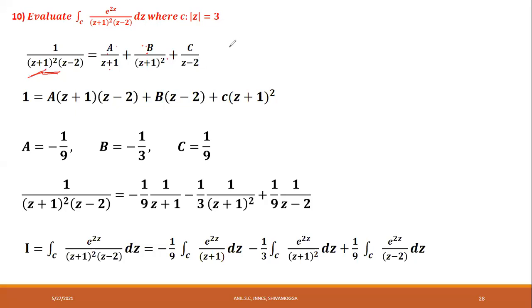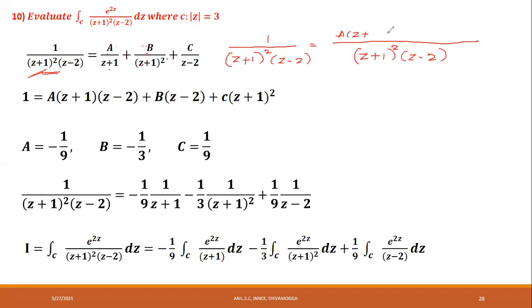Therefore, 1 divided by (z plus 1) whole square into (z minus 2) is equal to, taking (z plus 1) whole square into (z minus 2) as the LCM factor, what you get in the numerator is A into (z plus 1) into (z minus 2), correct?